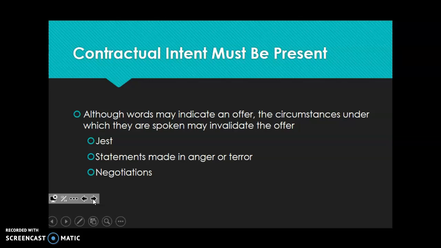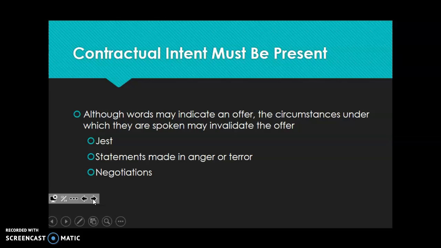Now, contractual intent. Although words may indicate an offer, the circumstances under which they are spoken may invalidate the offer. For example, if you speak in jest, if you're making a joke about it, that's not legally enforceable. Or statements made in anger or in terror, or negotiations, they will invalidate the offer.